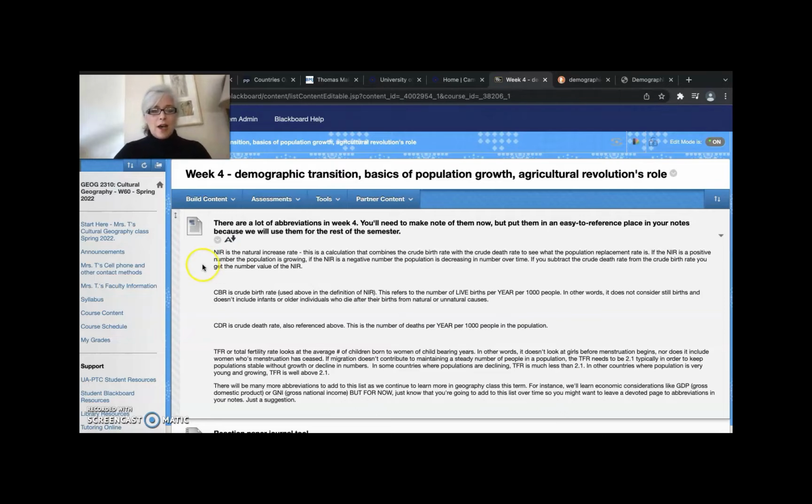So these abbreviations that you see here, the first 3 anyways, are going to be featured predominantly in the first few videos, or the first few lessons, that we talk about this week, because we're going to look at something called the demographic transition model.